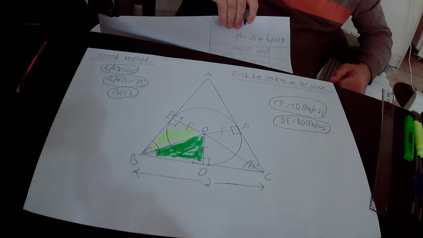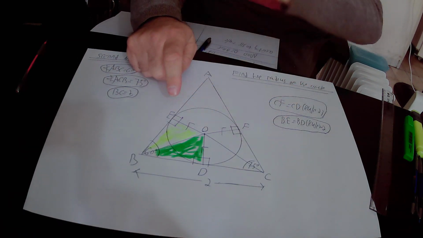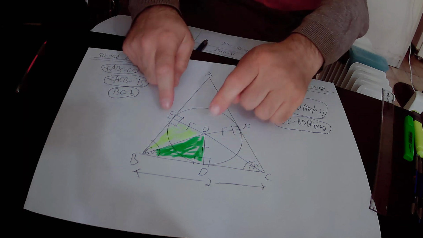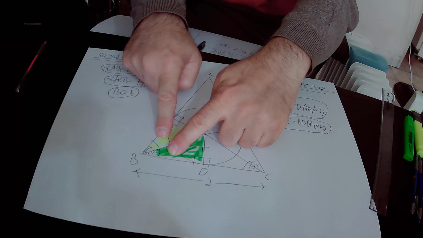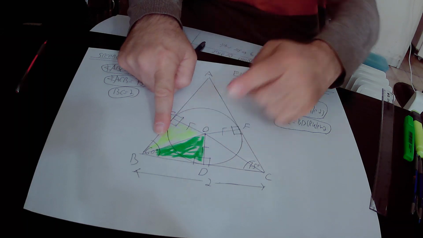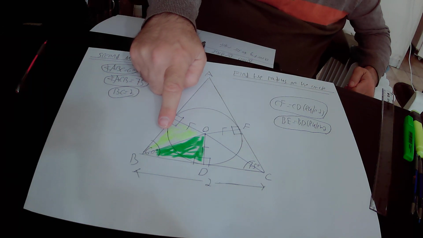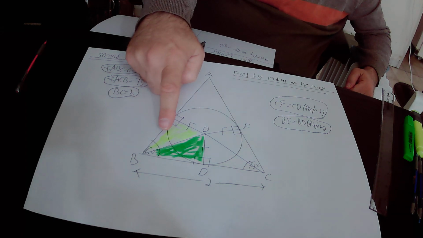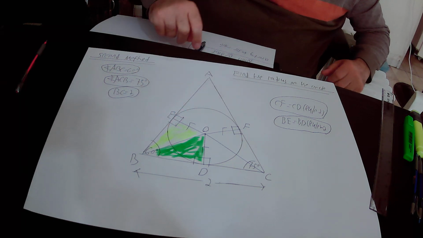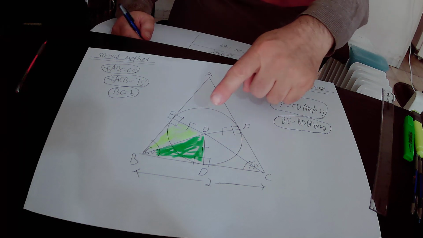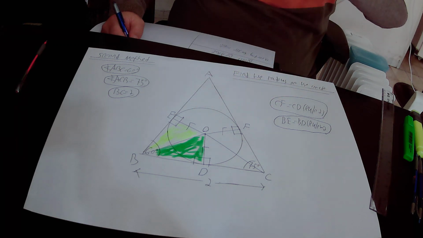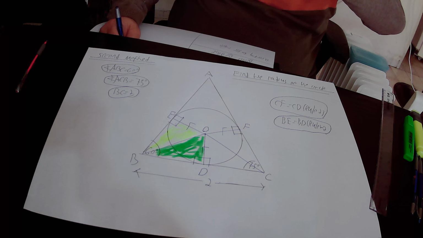And from the fact that those two right triangles can go into each other, we derive that those two angles must also be equal to each other. So this is angle EBO in the yellow triangle, and it equals angle OBD in the green triangle.